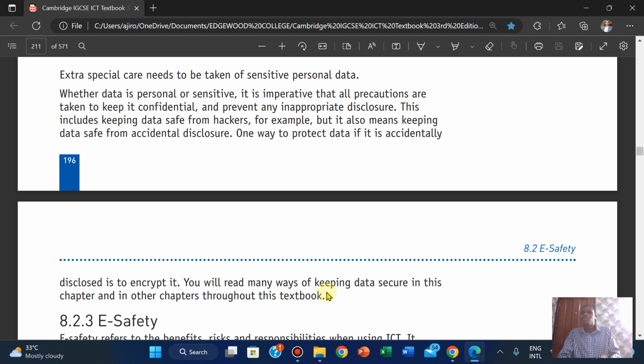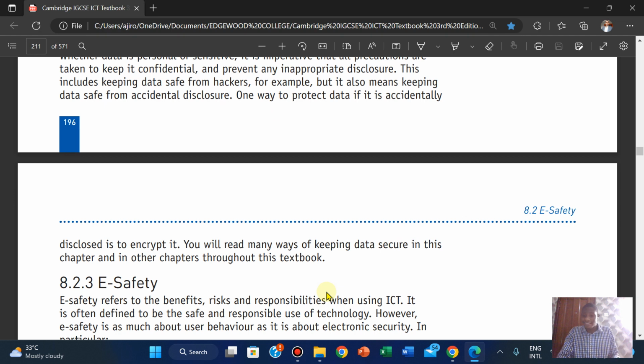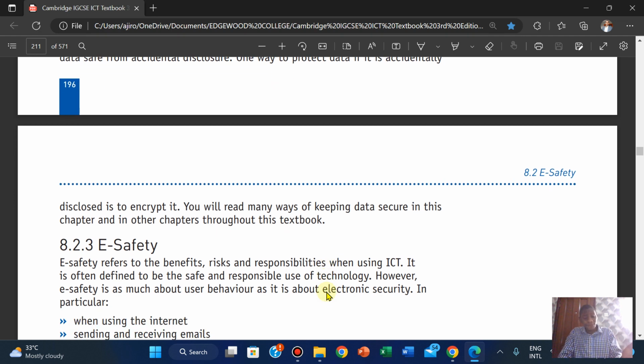Now we are going into e-safety, which is about the internet. E-safety refers to the benefits, risks, and responsibilities when using ICT. It is often defined as the safe and responsible use of technology.